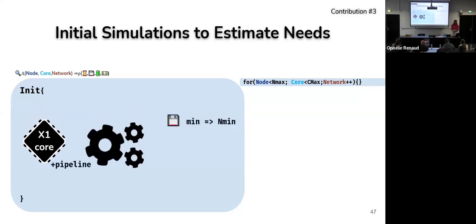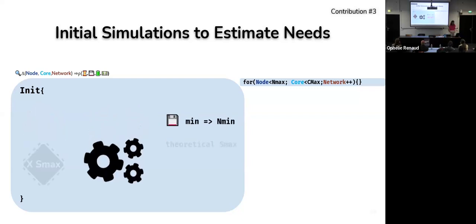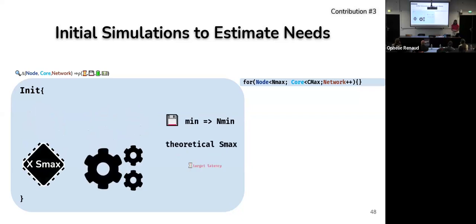The second one consists in simulating the application with the maximal number of pipelines on a single-core architecture, which gives the theoretical maximal speedup. And finally, we simulate the maximal parallelism given by the theoretical maximal speedup, which gives a target latency.